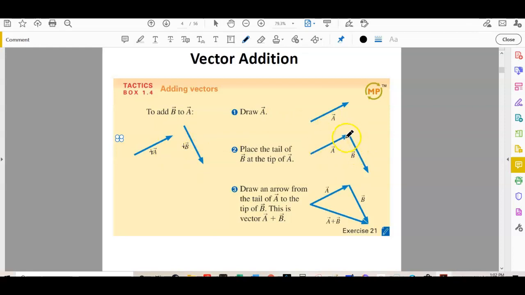So I'm going to take the head of A and add it to the tail of B, and now you get something like this, right? So the resultant vector of this is you started here, you walked up and to the right, down and to the right, and then you ended here. So the resultant vector always goes from where the start is to the ultimate end.